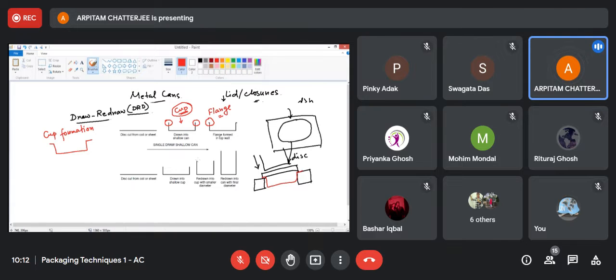Now in some cases one drawing process may not be enough to meet your final dimension, but if you give a very huge pressure initially, there is a chance that your metal can have a crack. Because every metal or this kind of material always has an endurance.